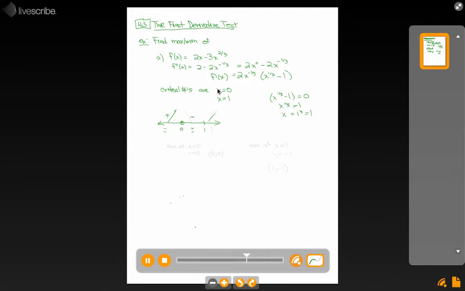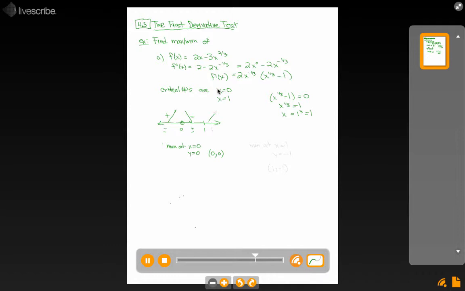So this function is increasing and then decreasing, which means we have a max at x equals 0. It so happens if you put that into the original function that the point is at 0, 0. The value of the function is 0.